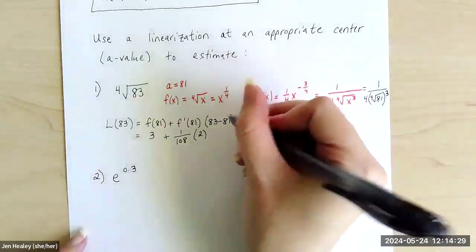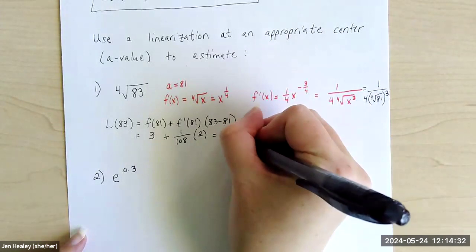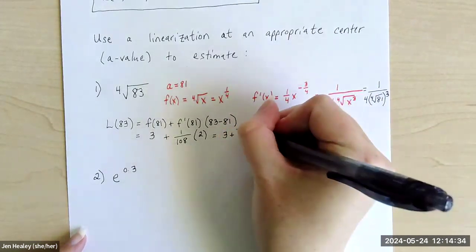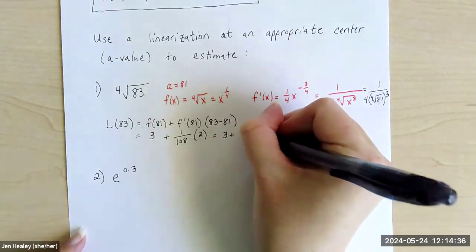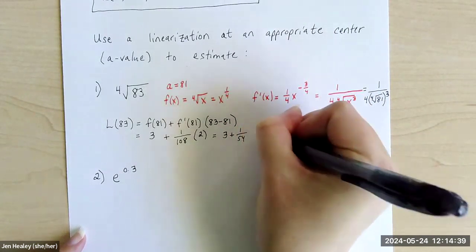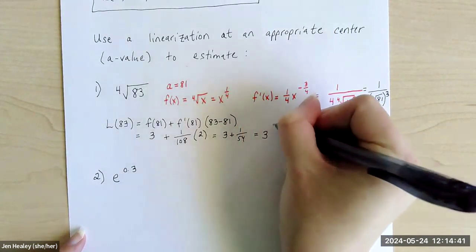So this comes out to be 3 plus 2/108, which is the same thing as 1/54. So 3 and 1/54.